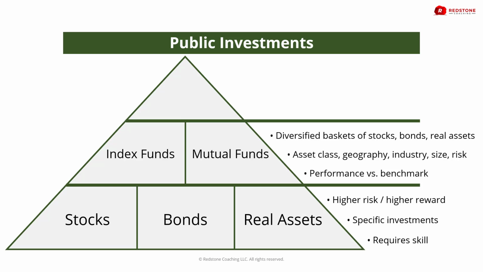Or you could have funds by size, like the top 300 largest companies, the top 500 largest companies. Or you could do a fund based on risk, and there are different types of risk: high risk companies, low risk companies, mature companies, growth companies, etc. So you can choose what you want your fund to be composed of.